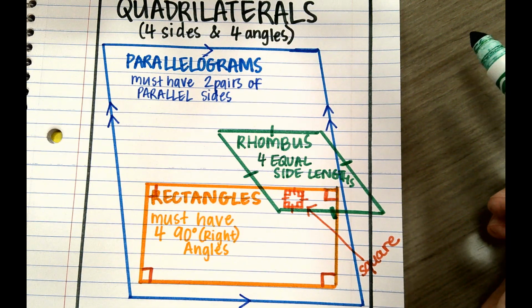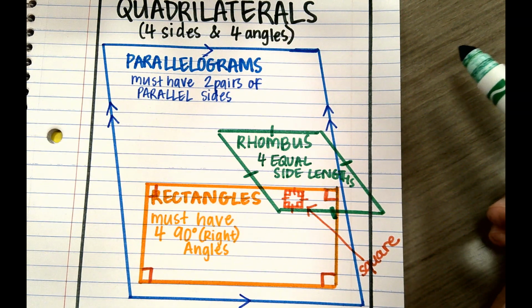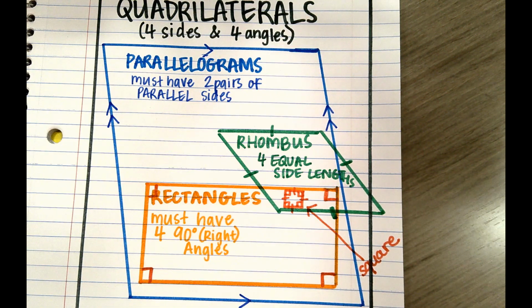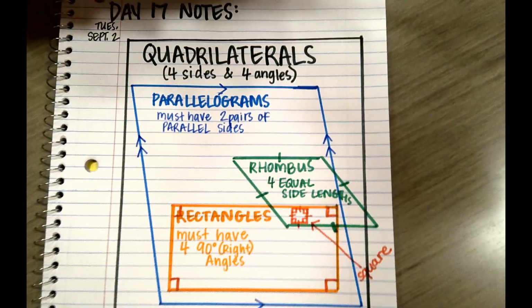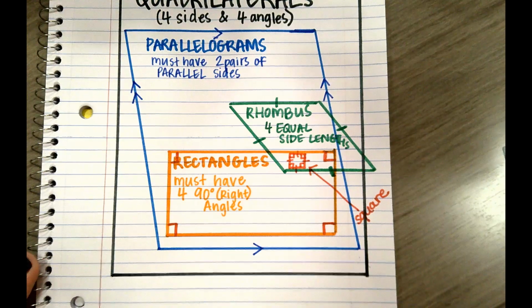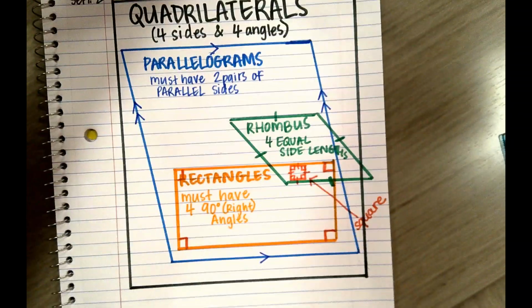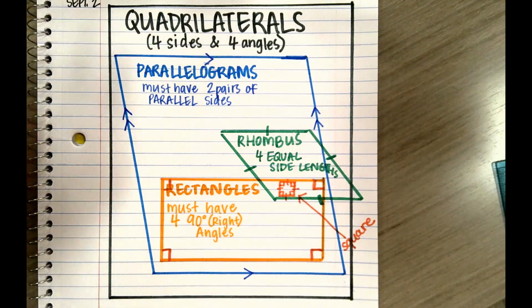So, again, I didn't do a wonderful job drawing this, but we get the idea, I hope. We can use these facts to help us categorize shapes based on their side lengths, based on their angles, based on if the sides are parallel or not.